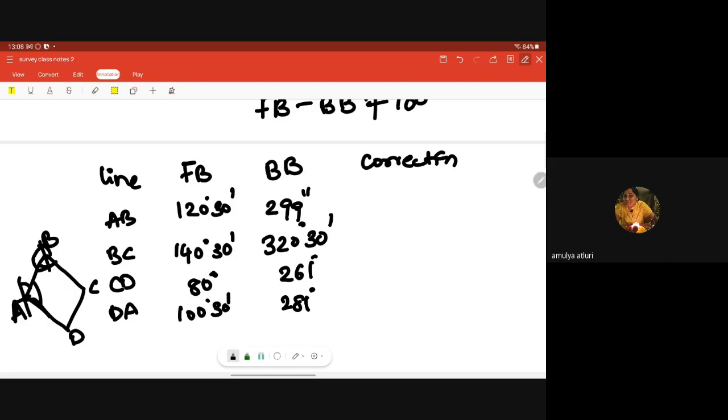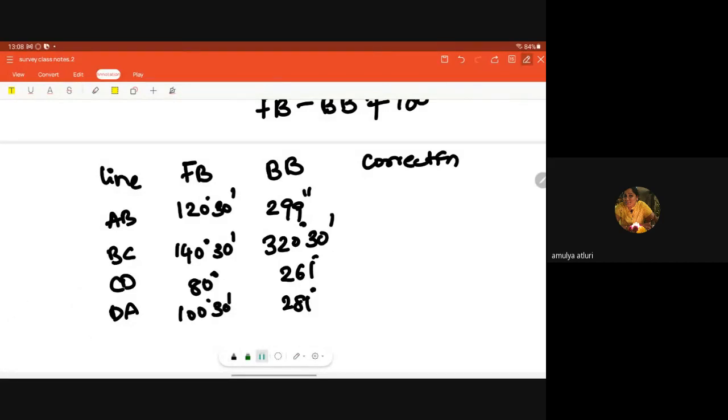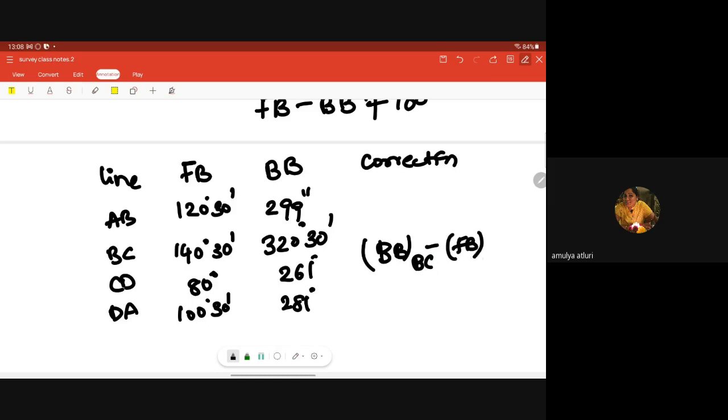So let's check the back bearing of BC minus the forebearing of BC. If you check, it is 180 degrees. That means points B and C are free from corrections.